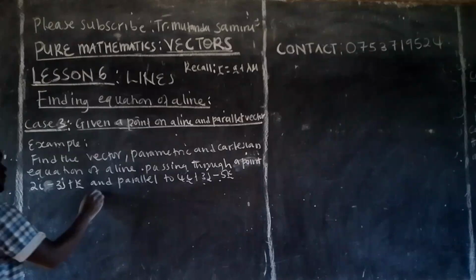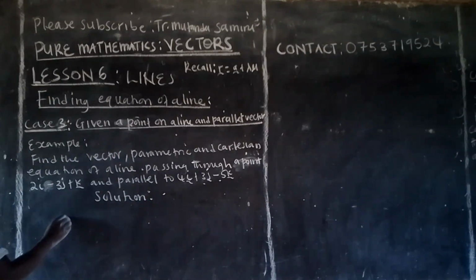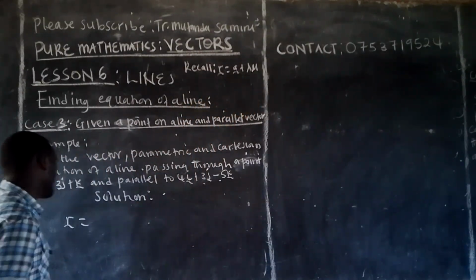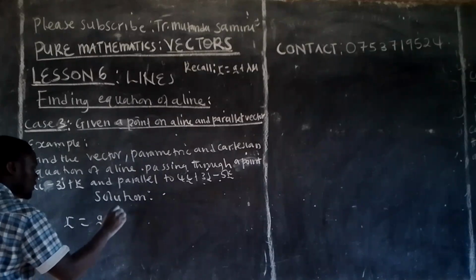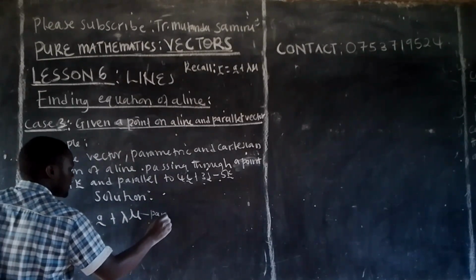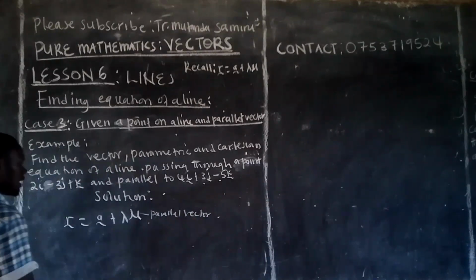So, solution. This one is the simplest. Just memorize this: the equation of a line is always vector A plus lambda mu. Now this mu here is a parallel vector, as you remember from the previous lessons. A is a point on the line.